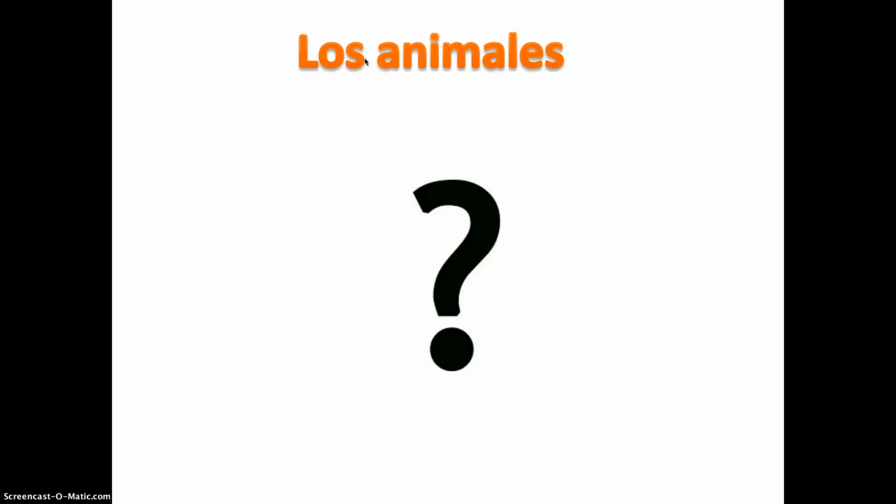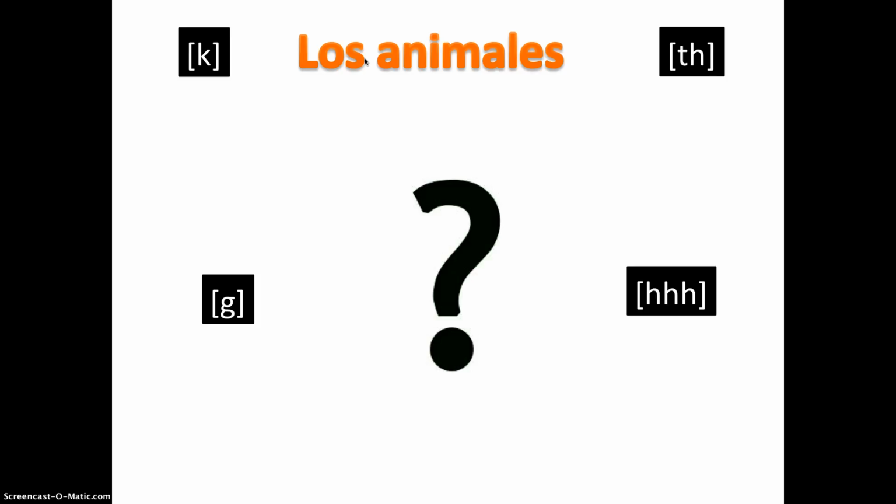Okay, time to test yourself out now, okay? How are these going to be written, do you think? We've got the 4 key sounds to go with our vowels, the k, the th, the g, and the ch sounds. Okay, for the k then, we have those 5 combinations. Remember the E and the I are different, but they still make the sound k, so ka, ko, ku, ke, and ki.